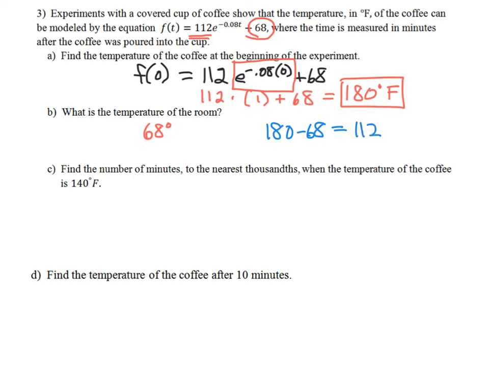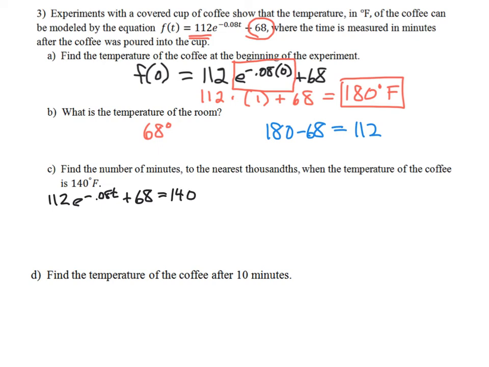Now, the trickiest part, the real Algebra 2 question here is, let's find the number of minutes when the temperature of the coffee is 140 degrees. So let's take our equation, 112 e to the negative 0.08 t plus 68, and set that equal to 140.